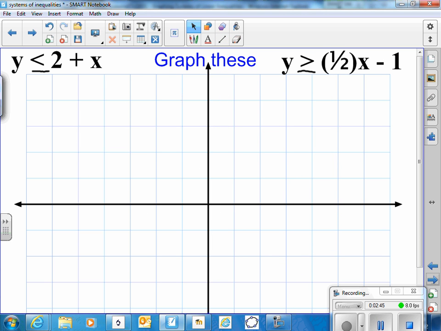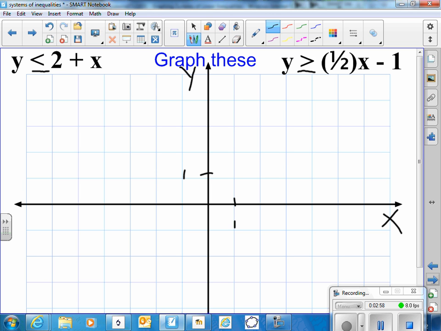Let's try another one. Y is less than or equal to 2 plus x. If each square is worth 1, x-axis, y-axis, start out at 2, go up 1 over 1, straight line tool.